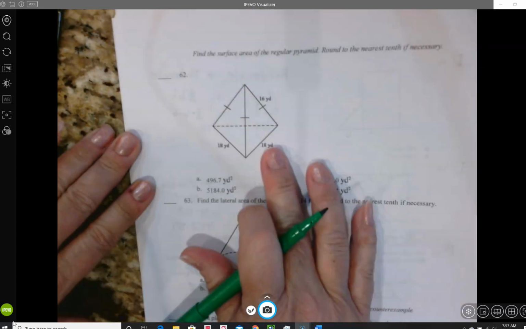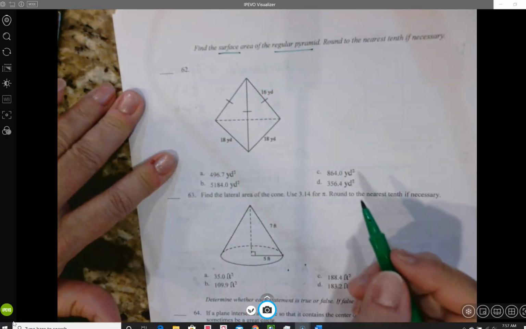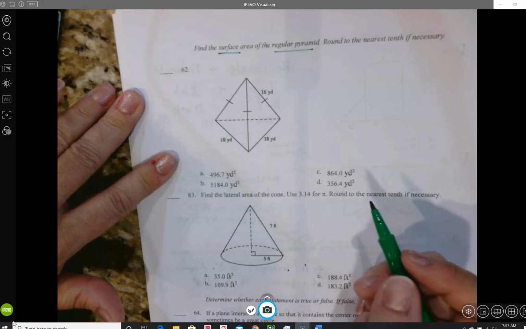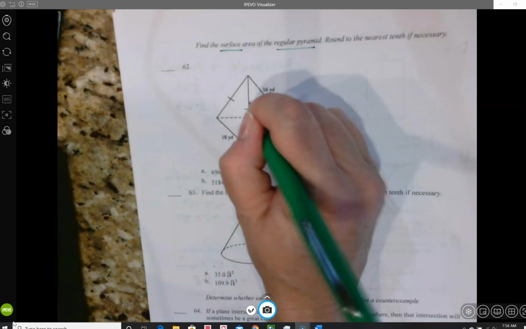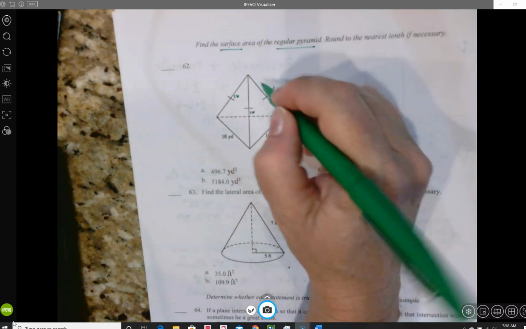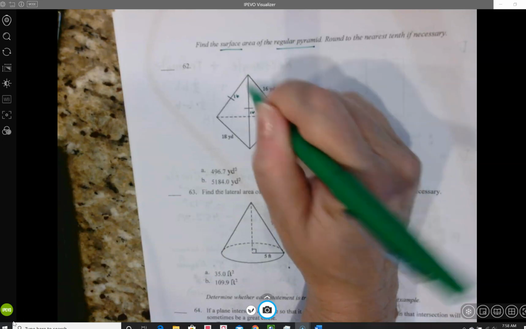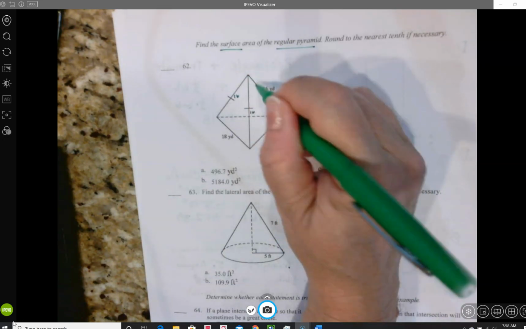Now let's look at what we have here, a pyramid. And we're finding surface area of the pyramid. We have all these guys are the same. This is one of those challenging problems.